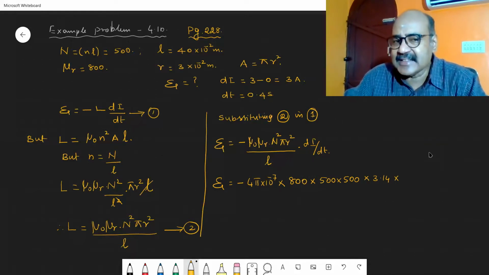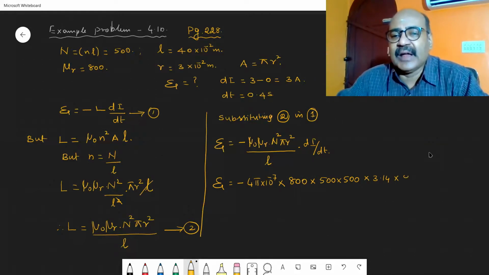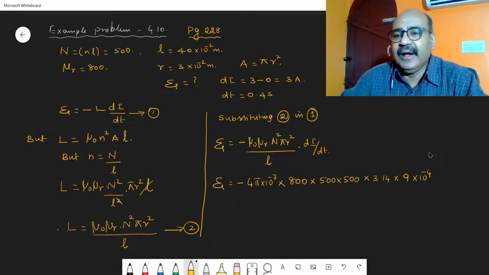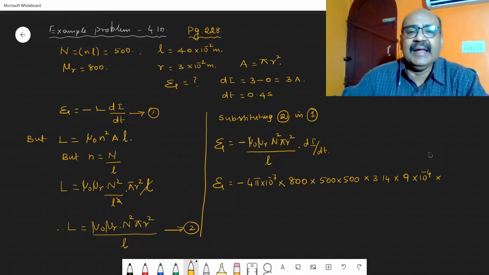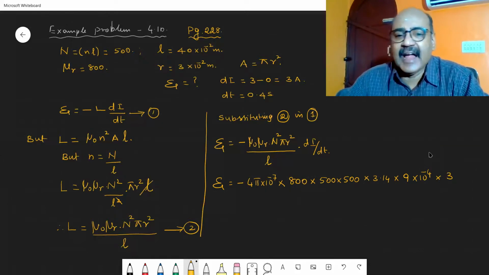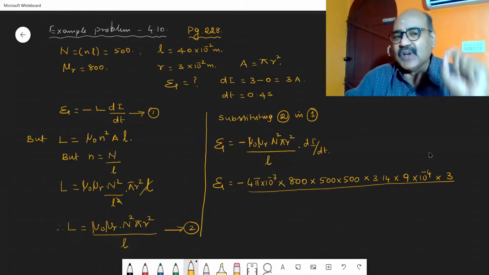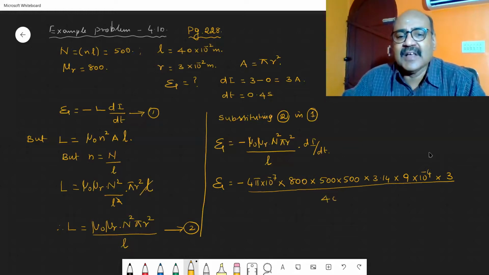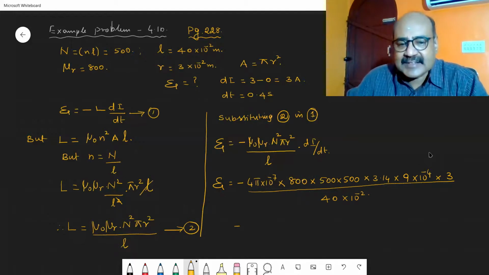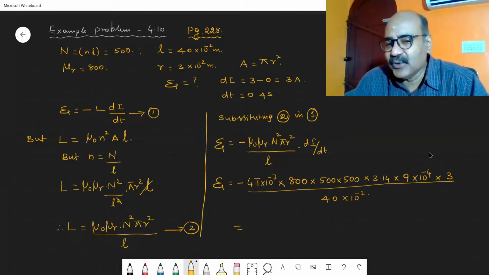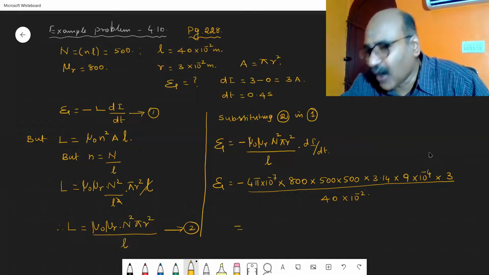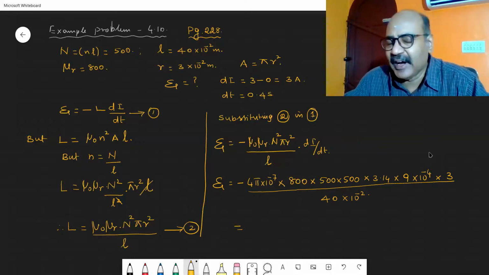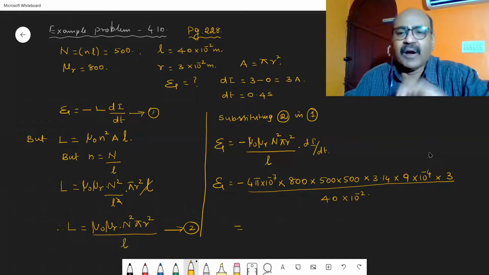Small r, the radius, is 3 into 10 power minus 2. Squaring it, 9 into 10 to the power of minus 4, into di. Di is the change in current, that is 3 ampere, whole divided by the length of the solenoid, which is 40 into 10 power minus 2. So you can simplify it by using logarithms, or you can simplify it by ordinary calculation.